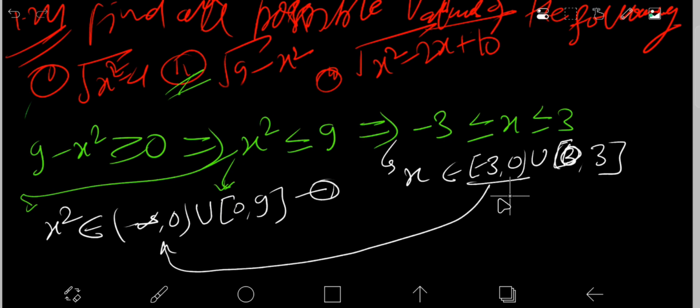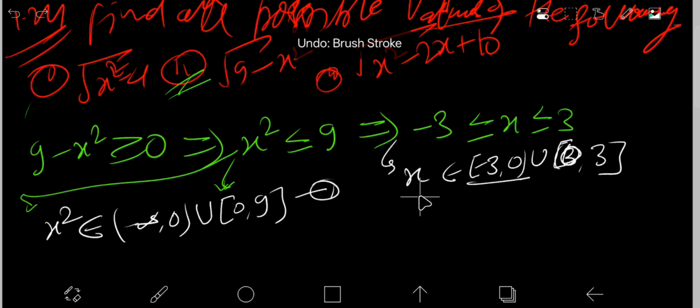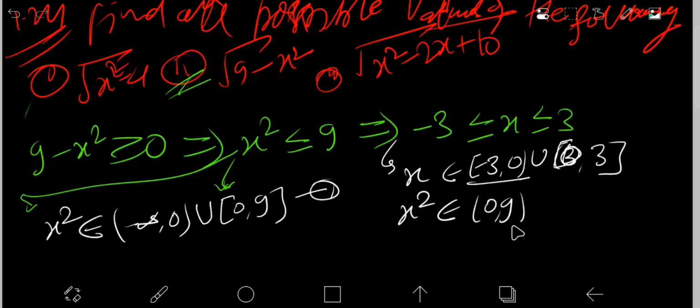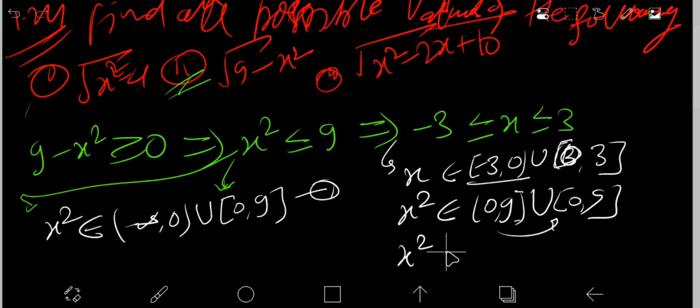Just when we square, firstly we square now. When we are squaring this one, this gives 0 to 9 and union, here is a closed interval, and this side 0 to 9. So this one is contained here, means x square contains 0 to 9, and from here we see this is a square now.